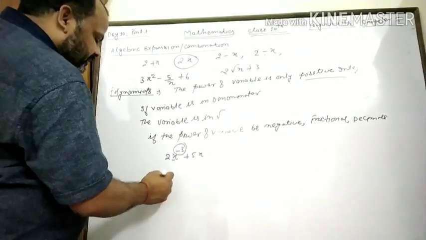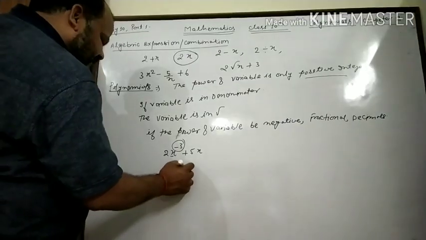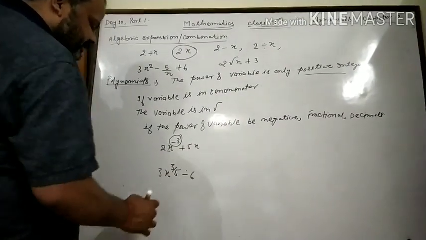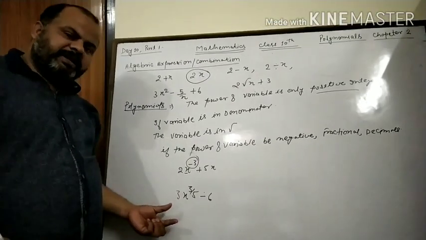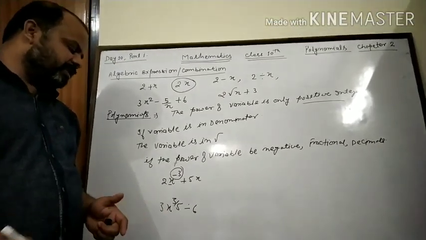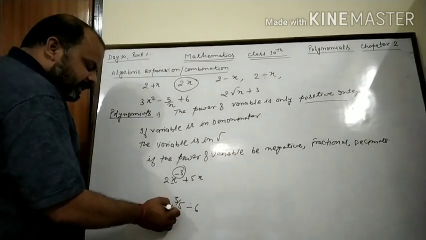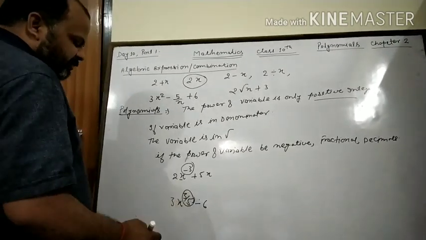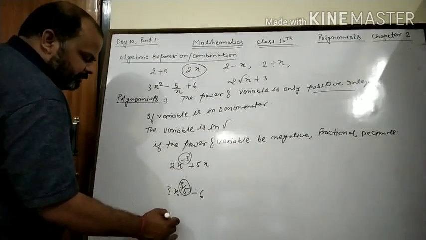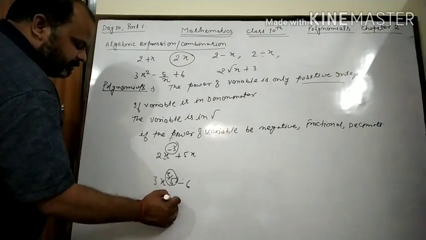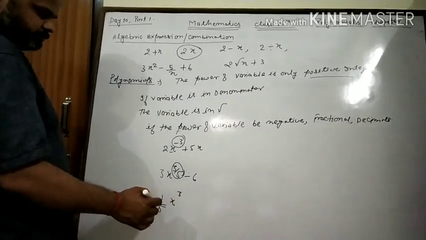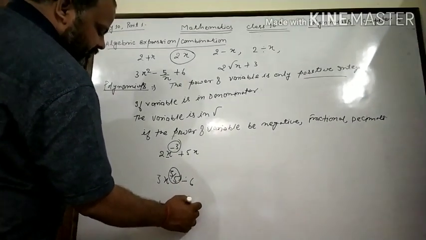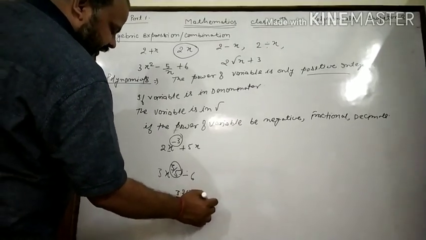In the same way, 3x to the power 3 upon 5 minus 6. It is an algebraic expression but not a polynomial. Why not a polynomial? Because the power of x is fractional. In the same way, 1 upon 5 x to the power 3.25 plus 7x.